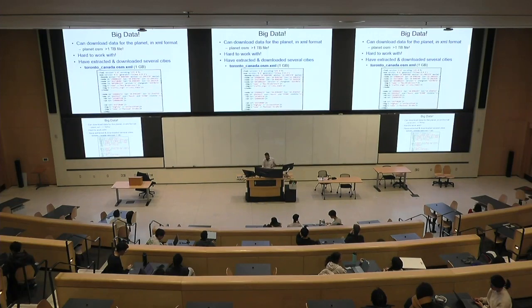So this is an example of how the Toronto, Canada XML file looks. If you can see here, this identifies a node with a certain 64-bit integer ID, and this node has a latitude and a longitude.